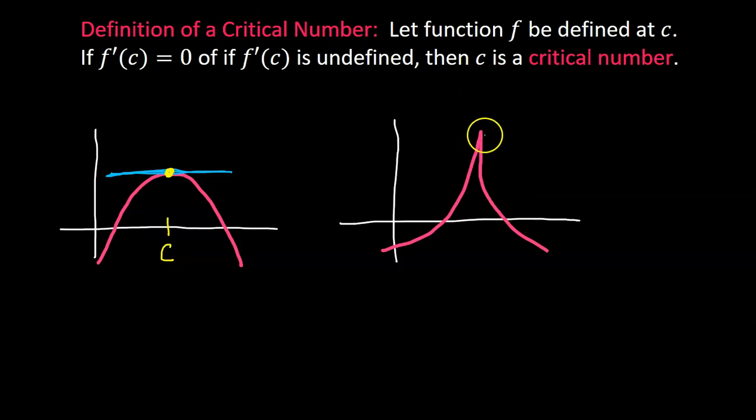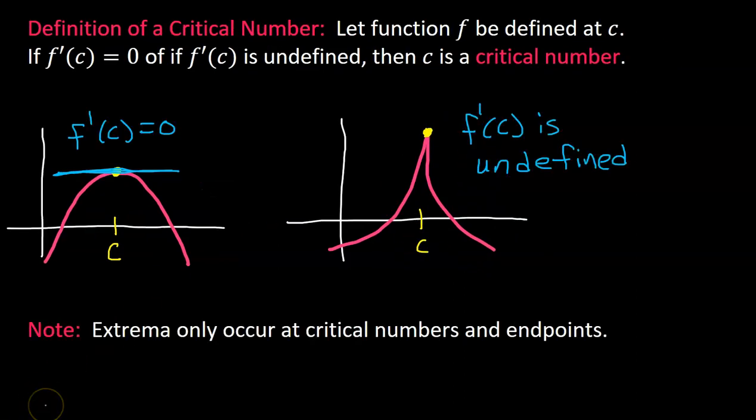At this point right here, you can't take the derivative at point C. That makes this a critical value as well. So one more time, critical numbers are numbers where the derivative is equal to 0 or undefined. Note, extrema only occur at critical numbers and endpoints.